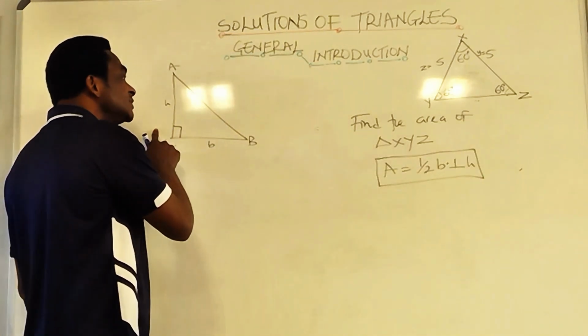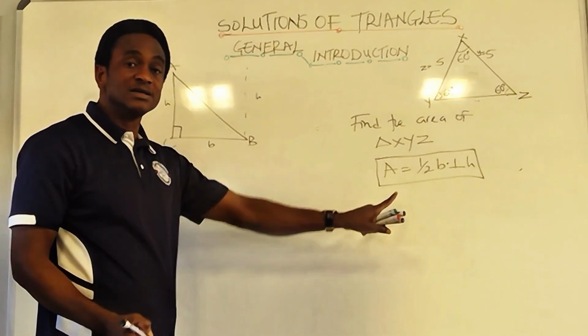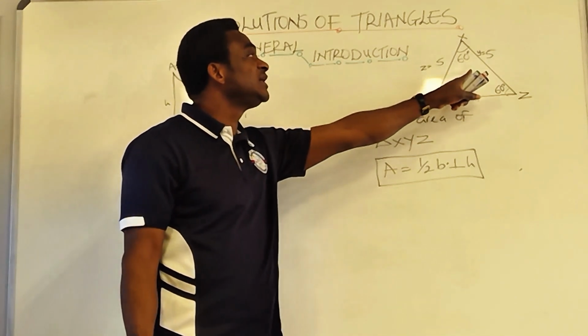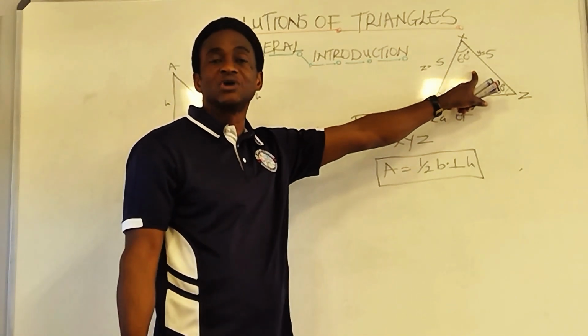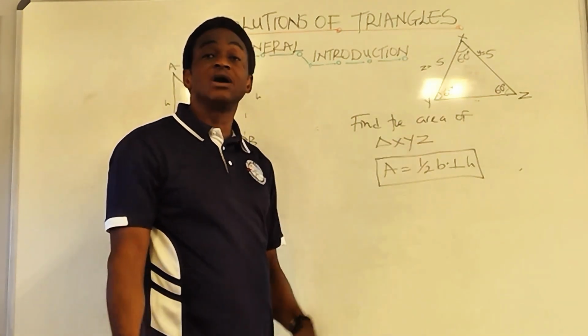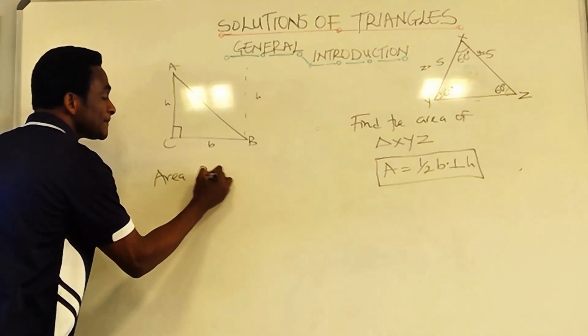Even if the height wasn't given, it can also be given by the side, and we can calculate using this. But in cases where we don't have any height on triangles, we can also calculate the area of the triangles using what we call the area rule.